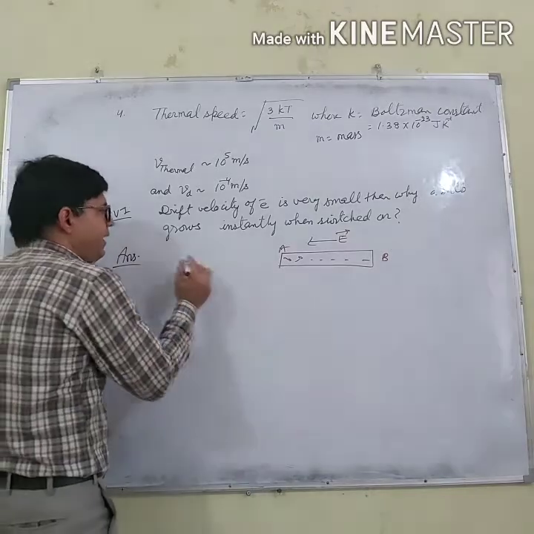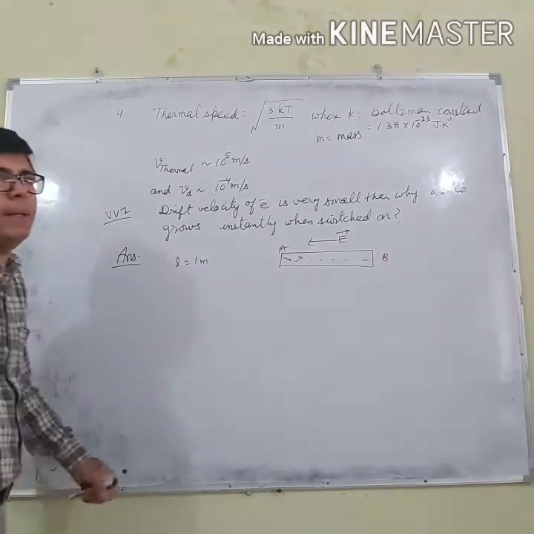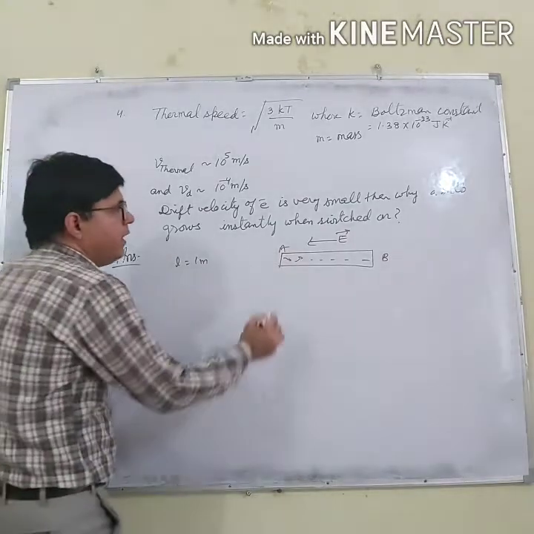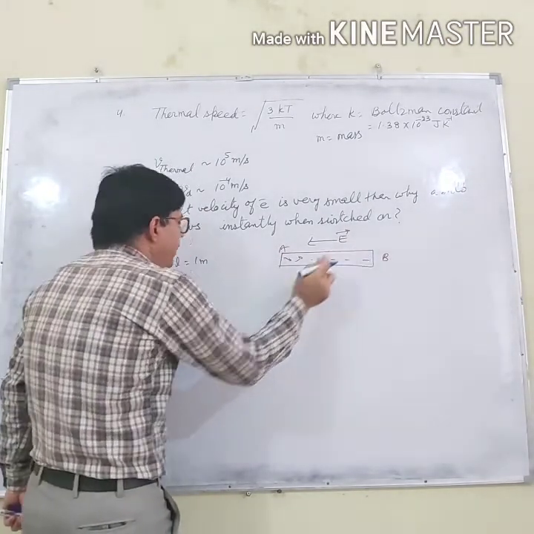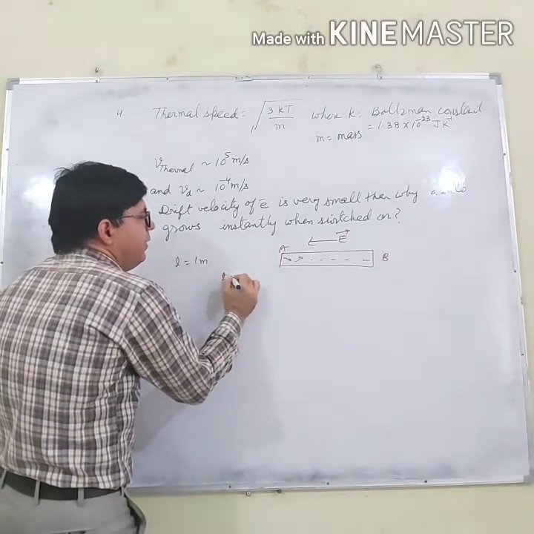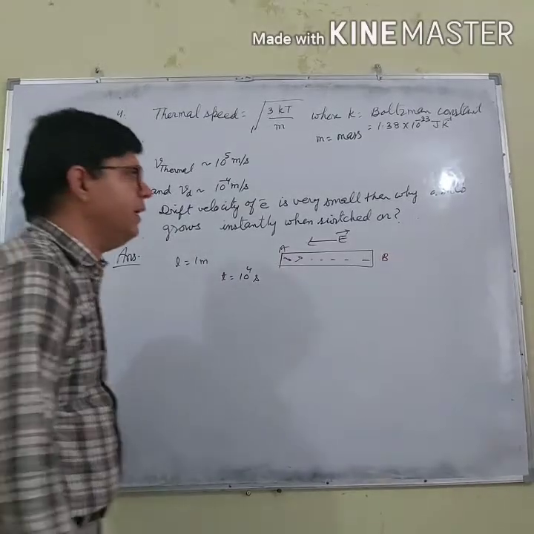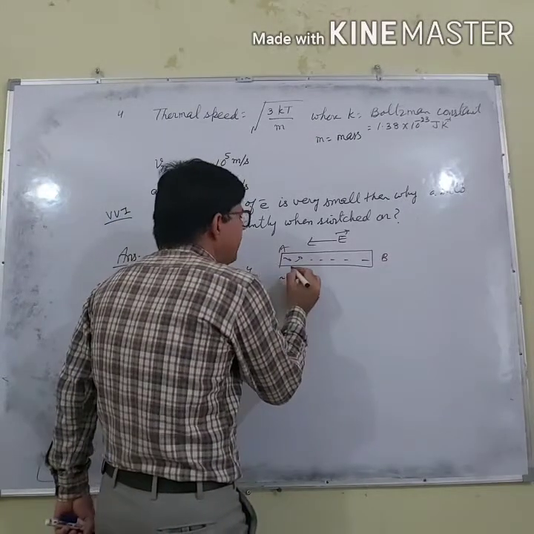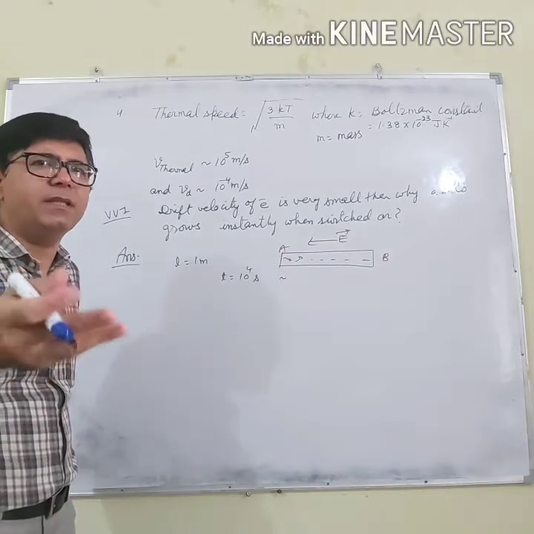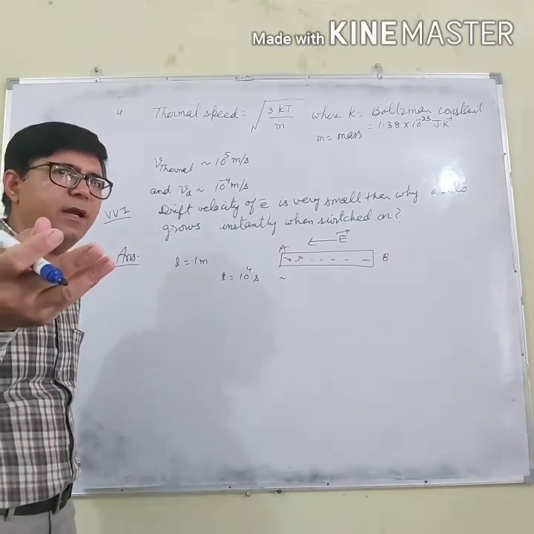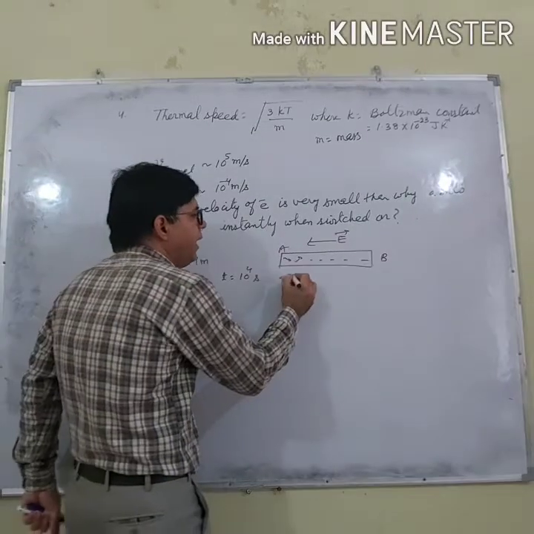If there is a wire whose length is 1 meter, then how much time will an electron take in reaching from A to B? Time will be 10^4 seconds, which is approximately 3 hours.